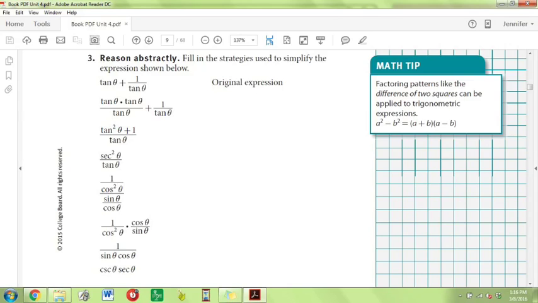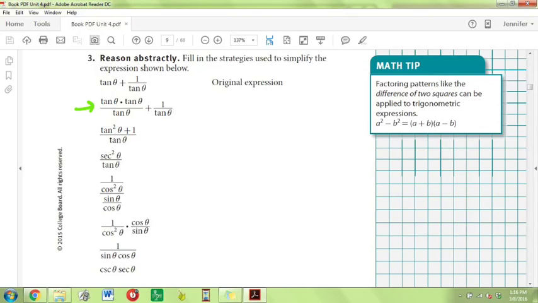Now, if we take a look at number 3, we're going to see several different strategies at use in this one. We have the original expression tangent theta plus 1 over tangent theta. And we could start this one out different ways, but let's look and see what the book did here. My next step says tangent theta times tangent theta over tangent theta plus 1 over tangent theta.